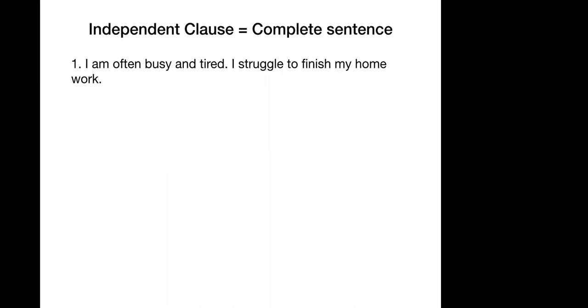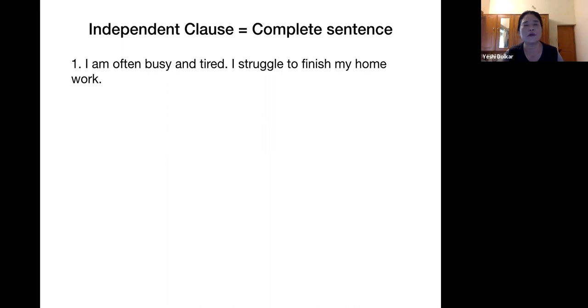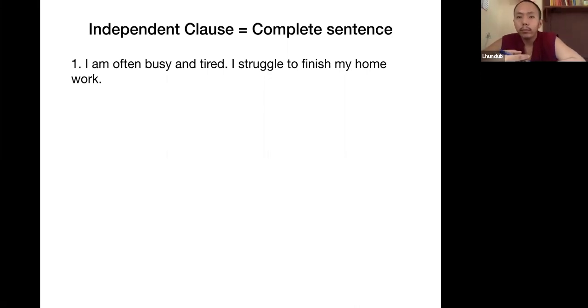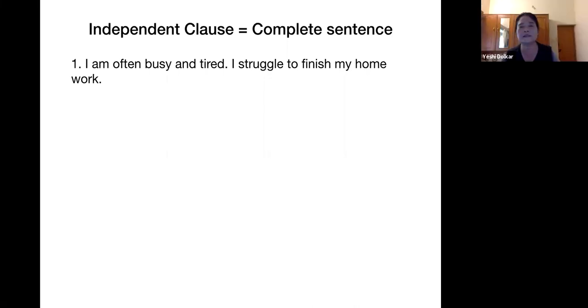All right. So if you look at this independent clause, you will see it's a simple sentence. The second one is also a simple sentence. I is the subject, and am often busy and tired is the predicate. I struggle to finish my homework: I is the subject, the rest is the predicate.